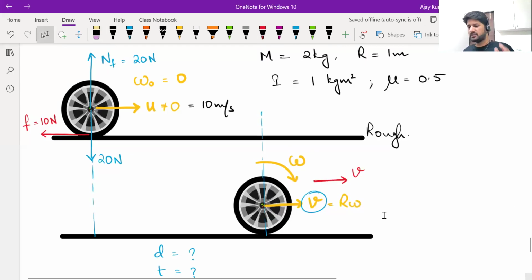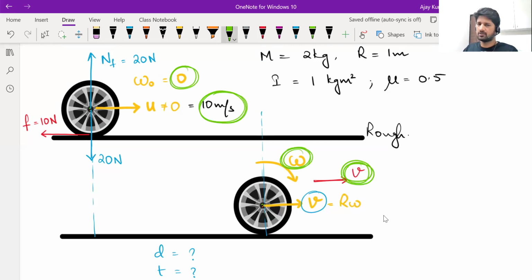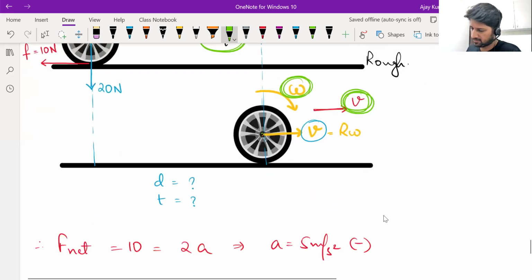Now the time in which velocity changes from 10 meters per second to V, in the same time, angular velocity will change from 0 to omega. So we can write one equation for linear velocity in terms of time, and one equation for angular velocity in terms of time. And we know the relation between linear and angular velocities. From there, we can calculate time. Let's see how all this can be done.